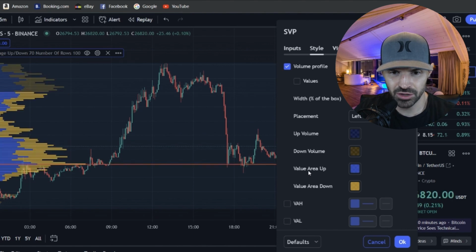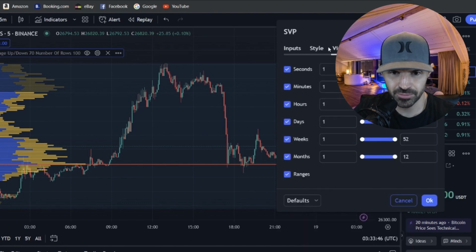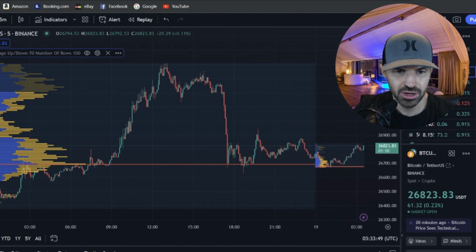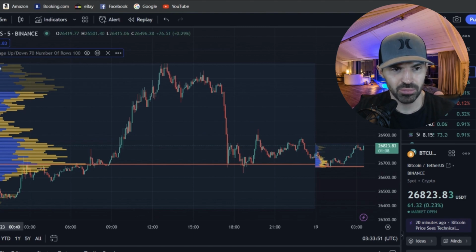The volume area up, which is in blue, that's just the buys, and then volume area down is in yellow, and that's just the sells. I'm just going to keep that the same. You can change it if you want. I press OK there. So as you can see, I changed the number of rows, and now we have 100 bars on the histogram.